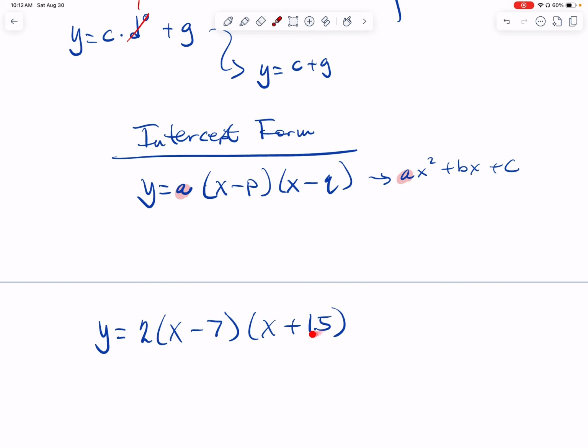First of all, I usually don't have a decimal whenever I factor. Usually these are integers inside of the parentheses. Also, if I distribute this 2 through this x minus 7, it's going to put a common factor of 2 in both of these places. And usually that doesn't happen in factors either, because if a set of parentheses has a common factor, you pull it out, you factor it out, okay?